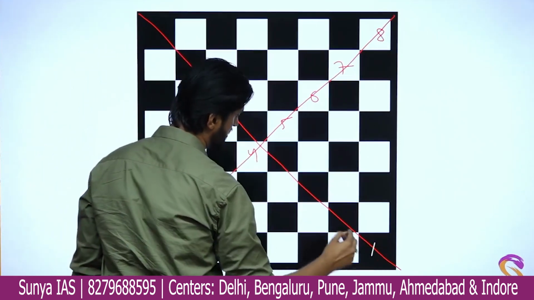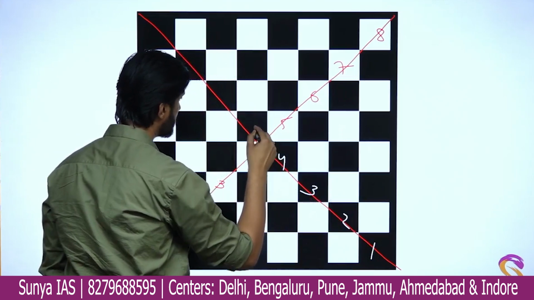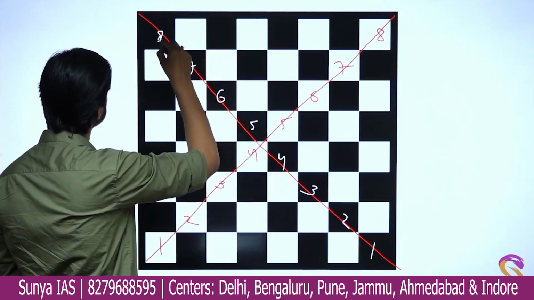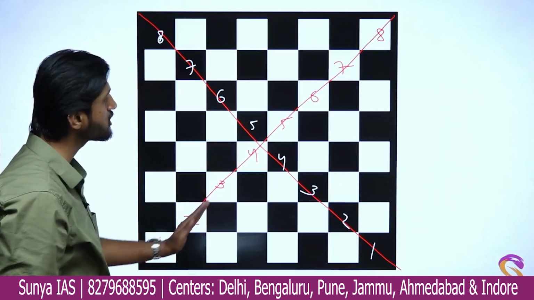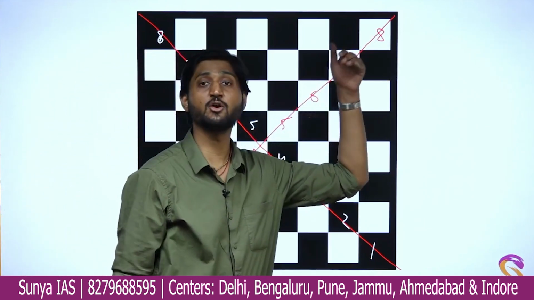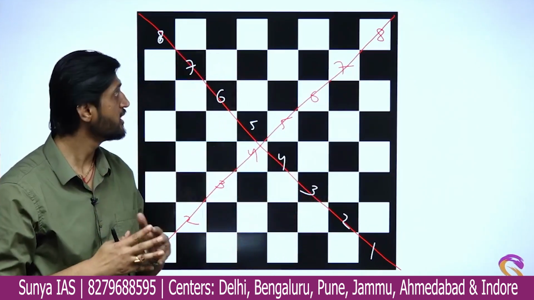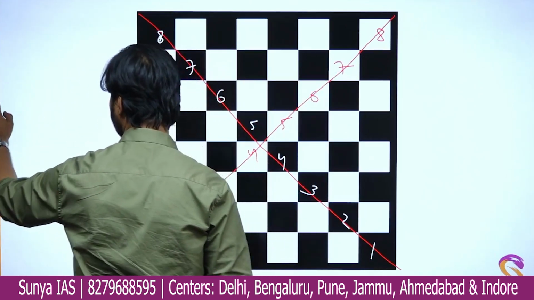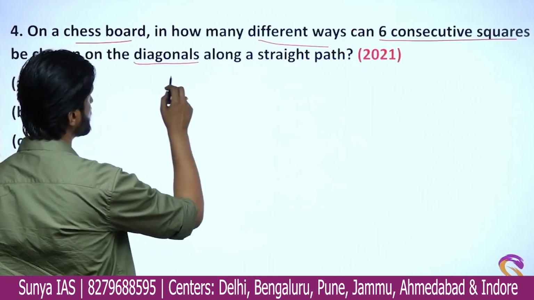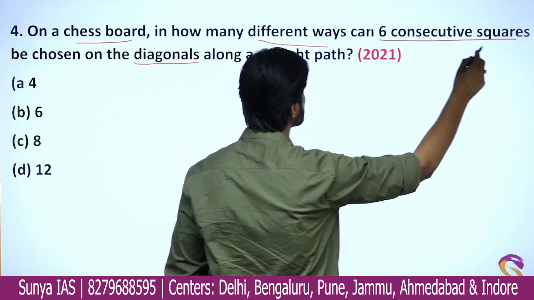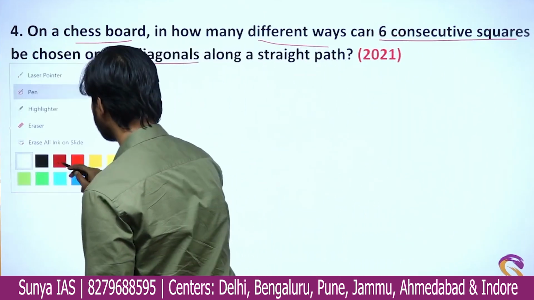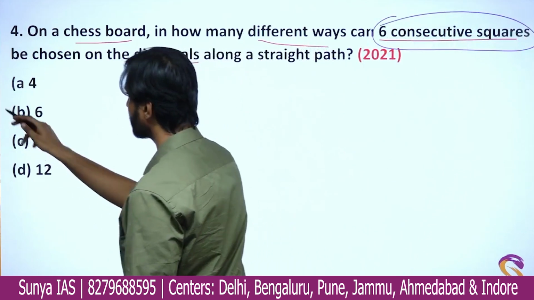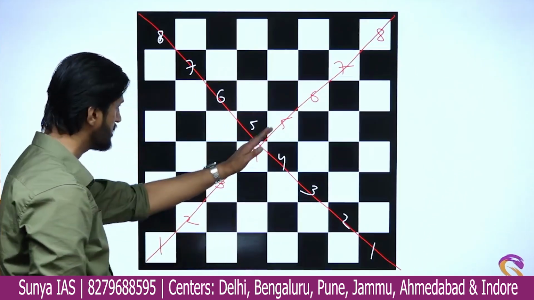So here you have 1, 2, 3, 4, 5, 6, 7, 8. Okay. And out of these 8 squares, in how many ways can you choose consecutive 6 squares? It is what it is saying, right? In how many ways can you choose 6 consecutive squares? 6 consecutive squares, that is those square blocks which are adjacent to each other.